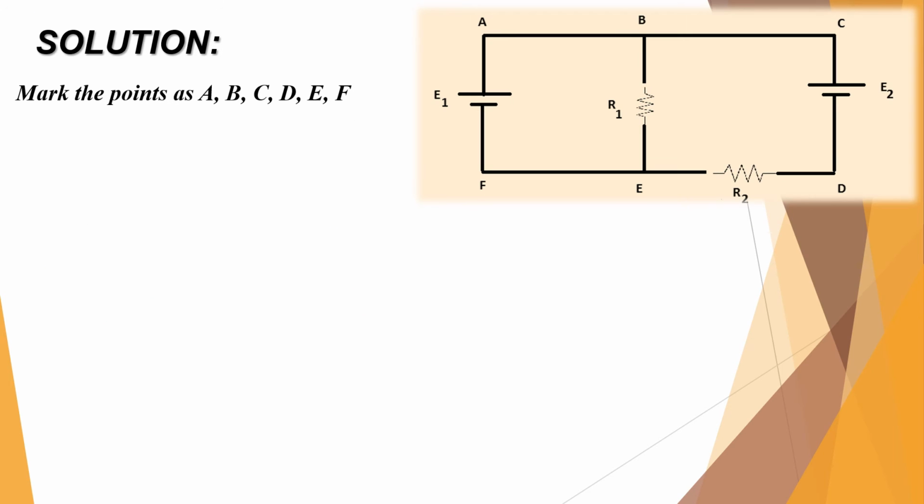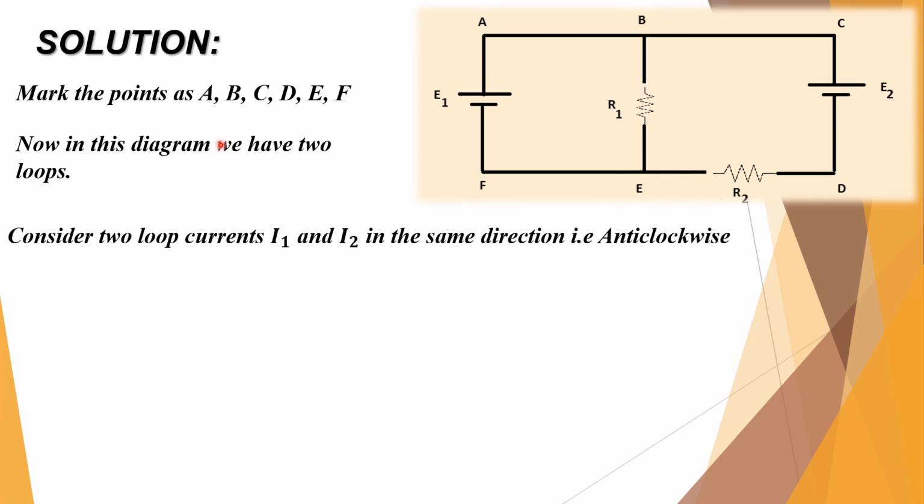Solution: mark the points as A, B, C, D, E and F. Now in this diagram we have two loops. Consider two loop currents I1 and I2 in the same direction, anti-clockwise.